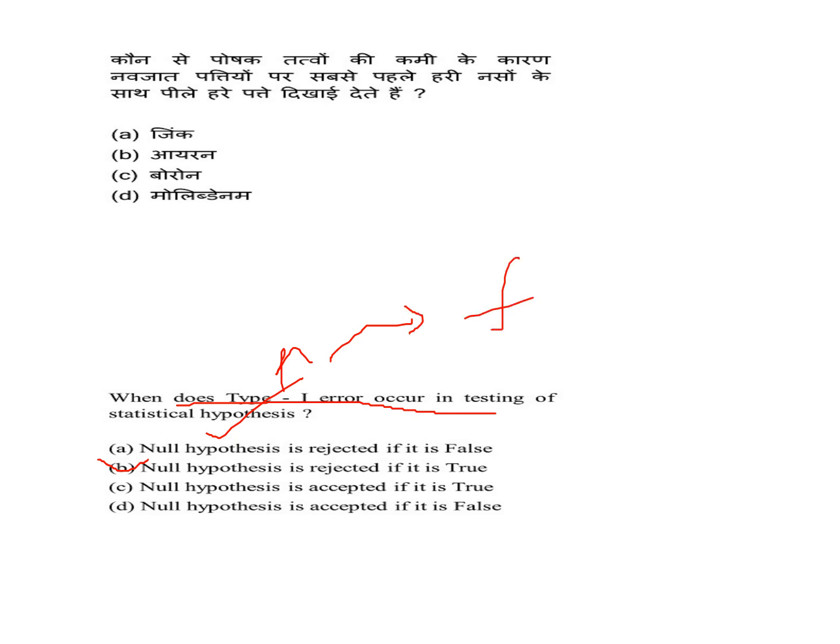This is called a false alarm. Then what is type 2 error? Failing to reject, or accepting, the null hypothesis when it is false. It is called misdetection. That is type 2 error.